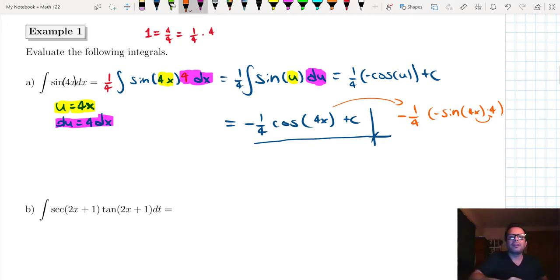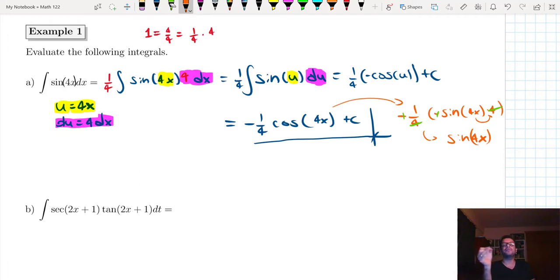Now, if we multiply by 4 and divide by 4, these cancel. And then negative times a negative becomes positive. And what do we get as a final answer? Sine of 4x, which is exactly what we were integrating in the first place.